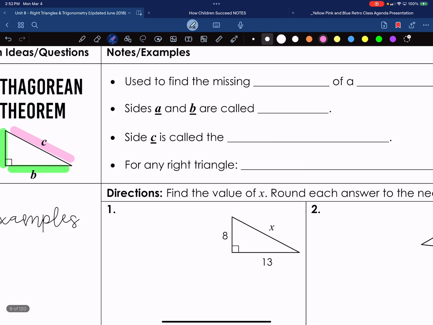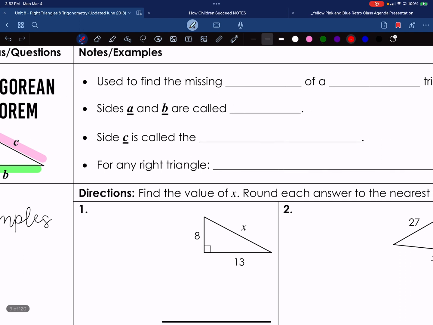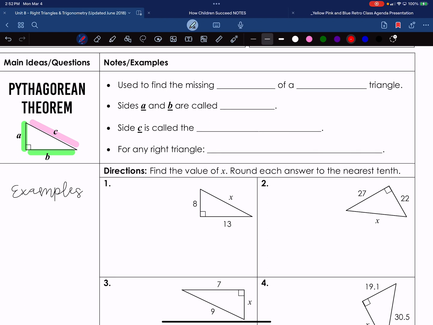Okay, remember we practiced labeling or at least recognizing the sides because you got to know what piece you have in order to solve your problems correctly. Okay, so Pythagorean theorem, it is used to find the missing sides of a right triangle.